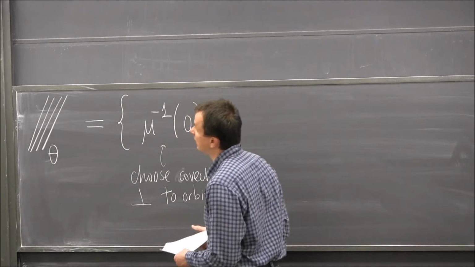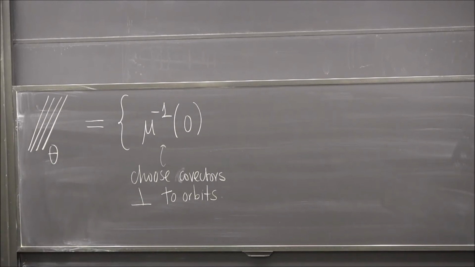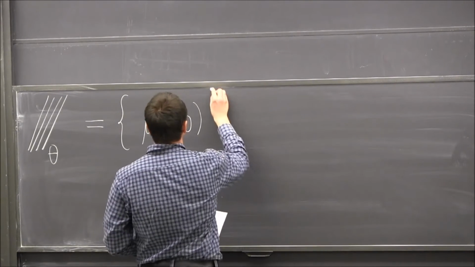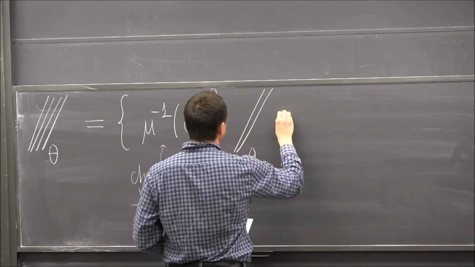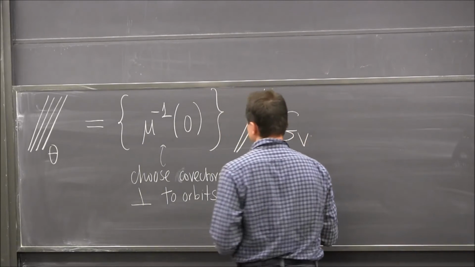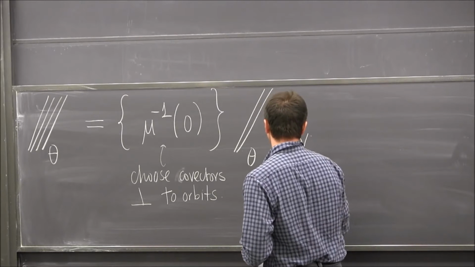Then I take the ordinary GIT quotient, in this theta, by my G_V.